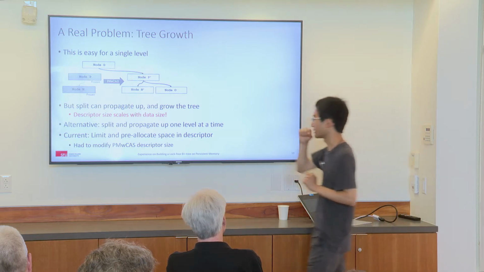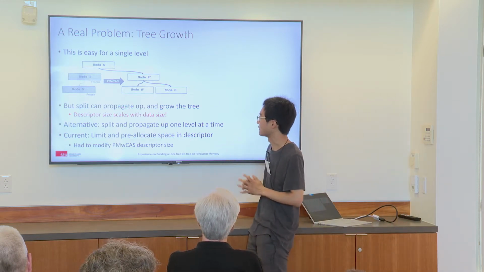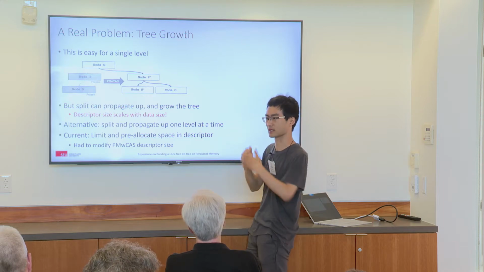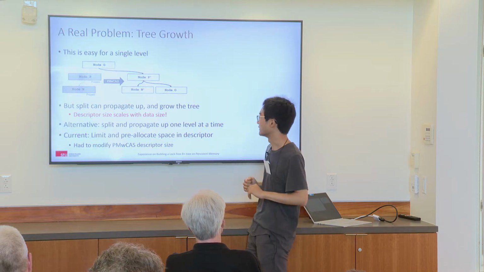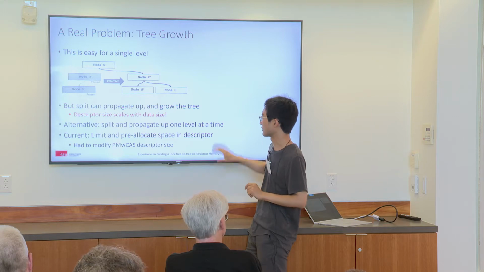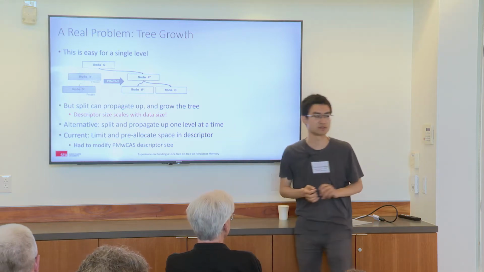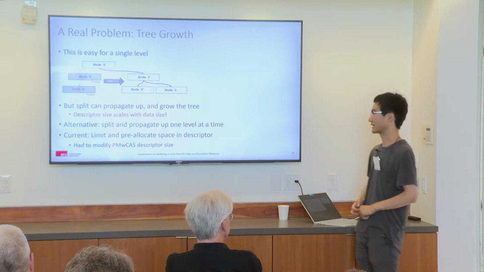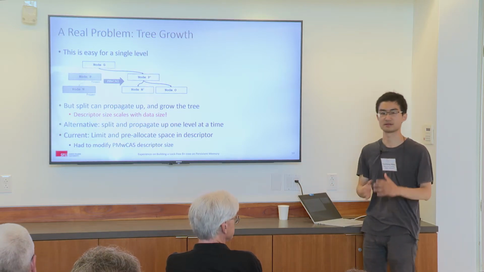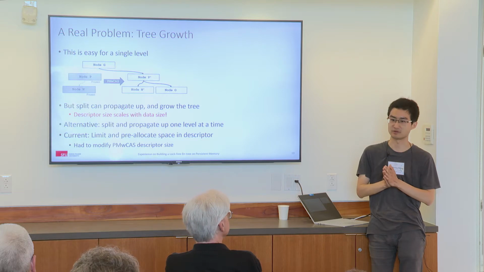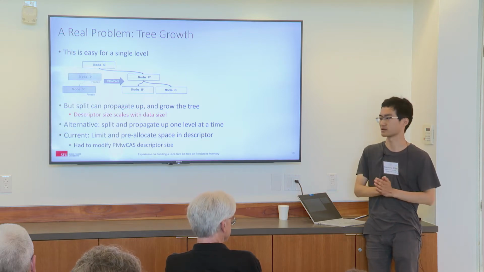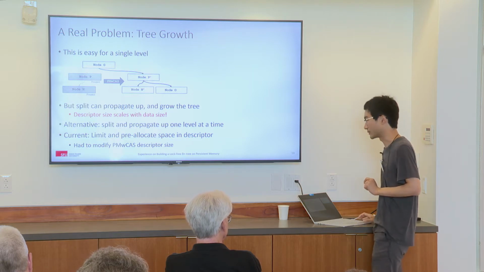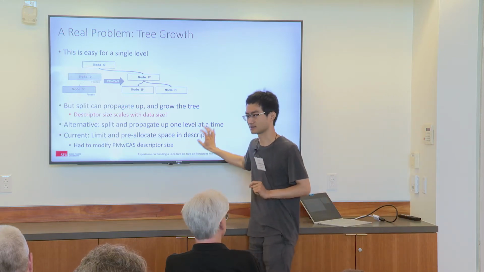But our current implementation basically goes like we are limiting the size of the tree, essentially the maximum height of the tree, and then pre-allocating space in the descriptor. In other words, even if you're doing a single word PMwCAS, you actually have to allocate a descriptor that's capable of containing, say, 8 words, right? Which is kind of a waste of space. And also, you have to modify the PMwCAS descriptor size.